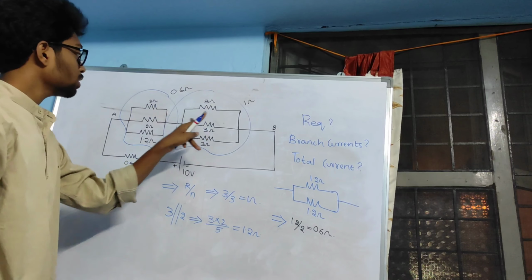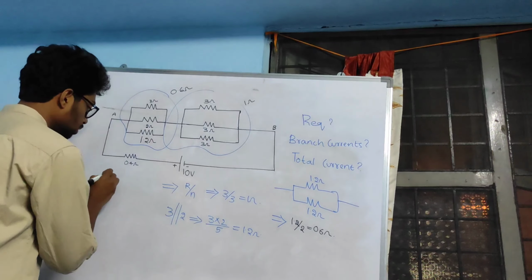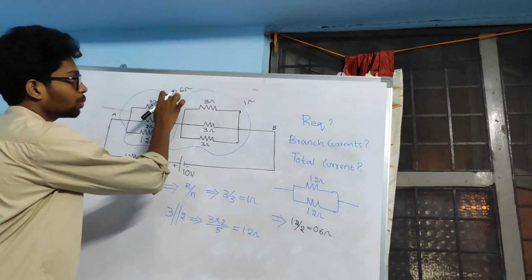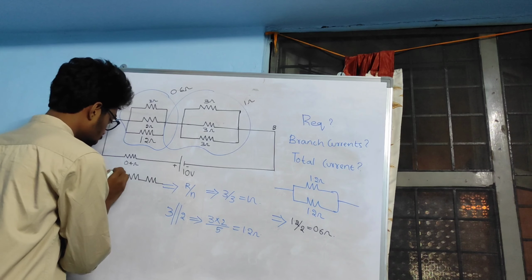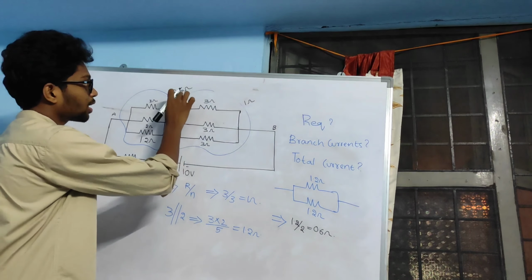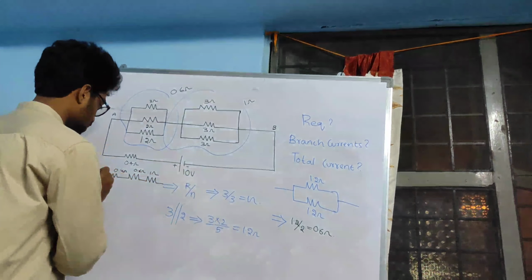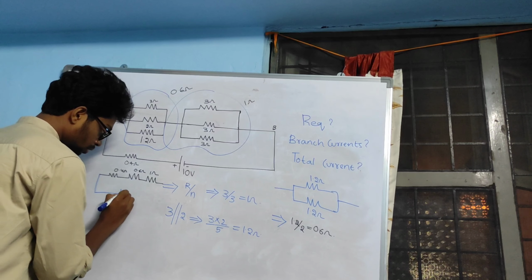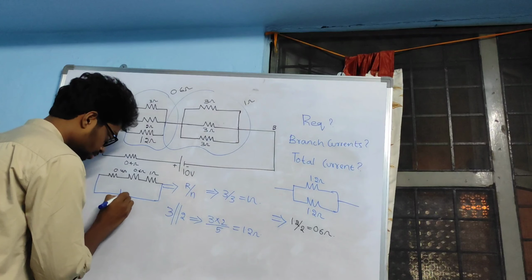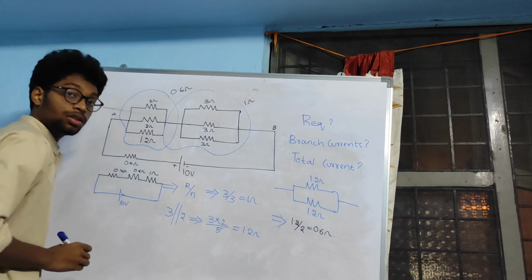I am making the equivalent circuit diagram so that it would be easy for us. 0.4 ohms, 0.6 ohms and 1 ohm are connected in series: 0.4 ohms, here comes 0.6 ohms, here we have 1 ohm, connected to the voltage source of 10 volts across it.